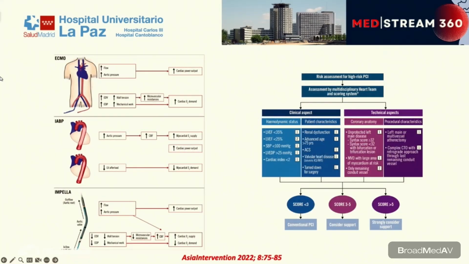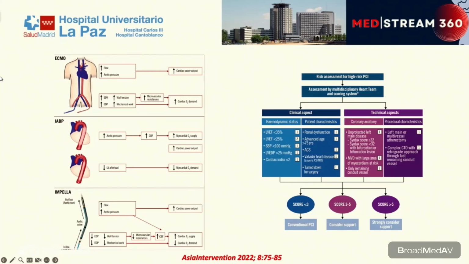Our decision, after talking about the case with the colleague, was that yes, this is a high-risk patient. We said before that he's over 75. He has chronic kidney disease. He has had a previous stroke. He has a reduced left ventricular ejection fraction, and the anatomy is the one that we saw first.